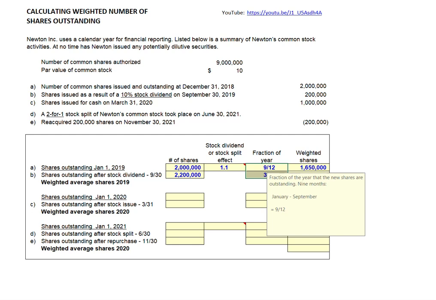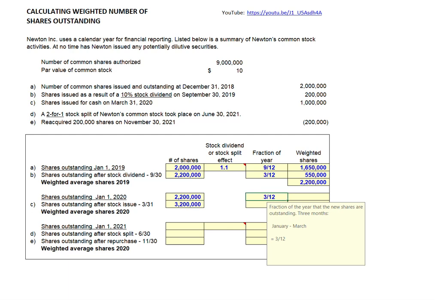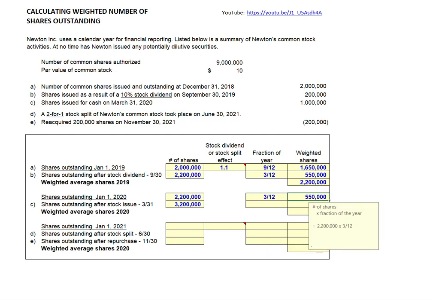All right, we begin January 1, 2020 with 2.2 million shares outstanding. Our first stock transaction is issuing 1 million shares on March 31st. So as of March 31st, we'll have 3.2 million shares outstanding. The initial shares, the 2.2 million shares, were outstanding for 3 months, January through March. So we multiply the 2.2 by 3/12 to get a weighted average shares of 550,000 for the first 3 months of the year.